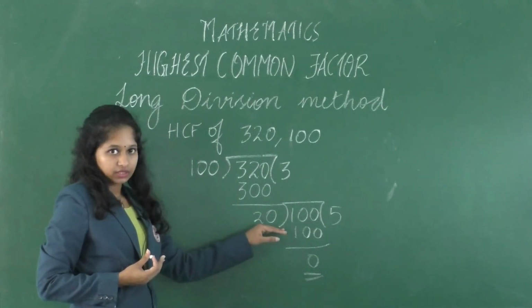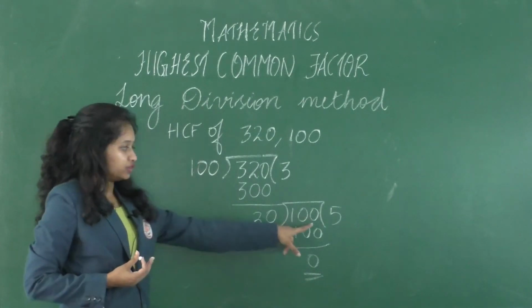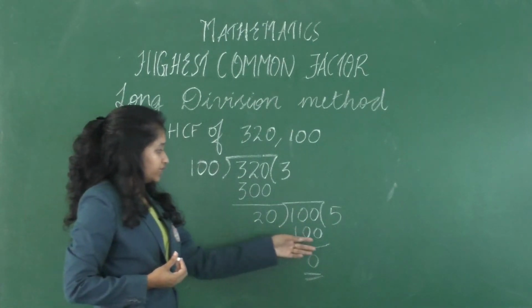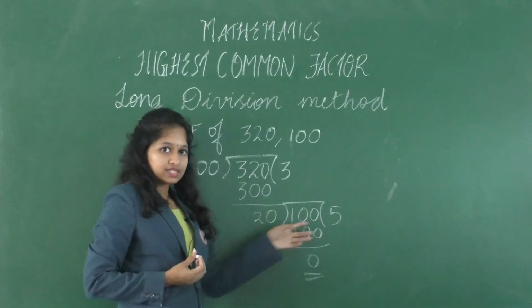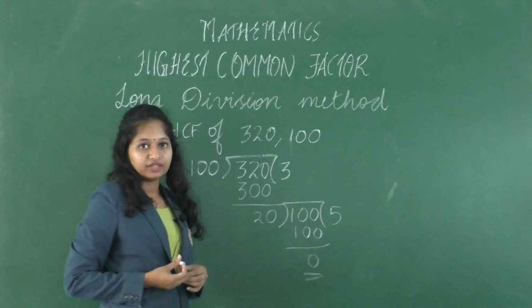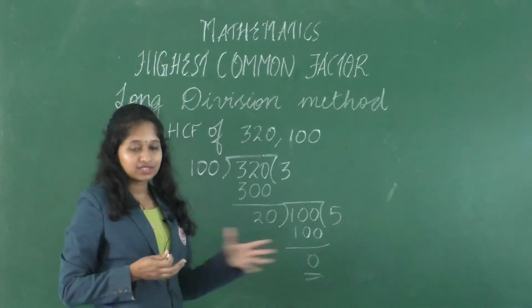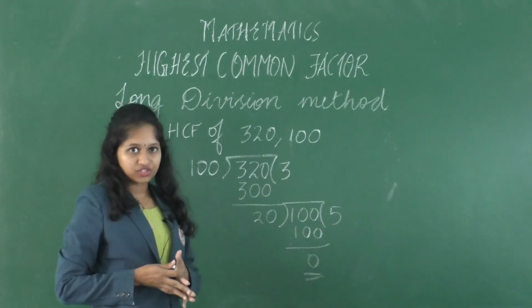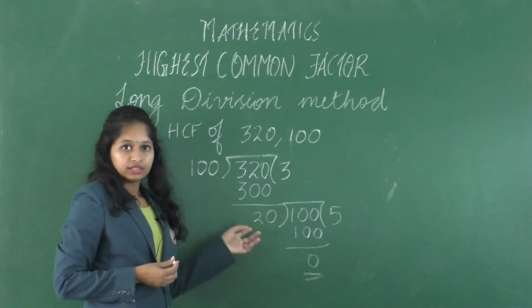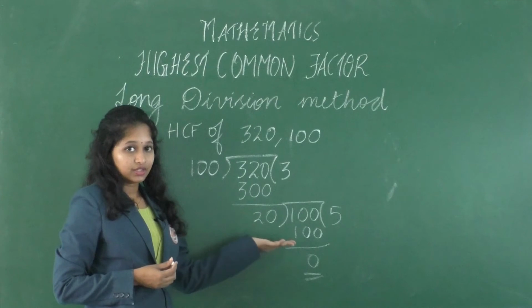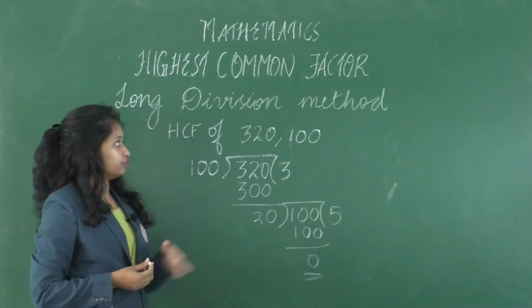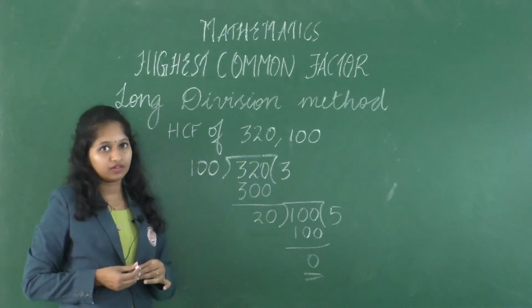Now keep 20 here and take this 100 inside. How many times is 20 in 100? 5 times. So we get a remainder of 0. This is how we do the normal division. Now here we get the last divisor as 20. So 20 is the HCF of 320 and 100.